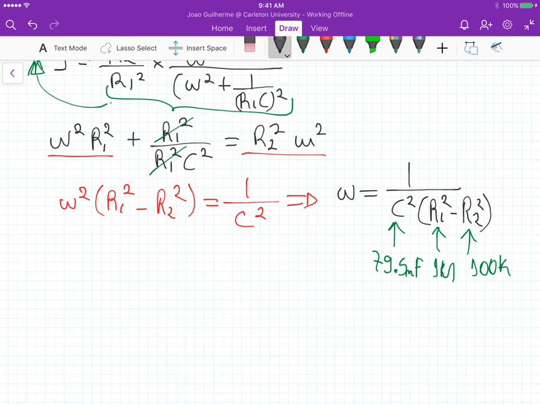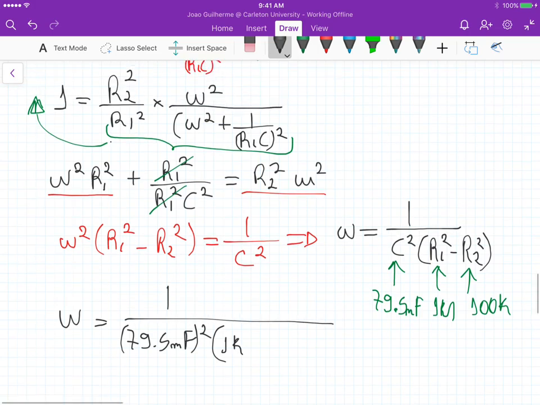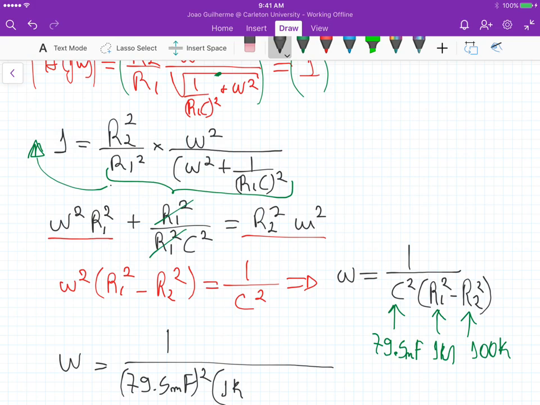We get that ω is equal to 1 divided by 79.5 nanofarad squared divided by 1K. I think there's something wrong here.